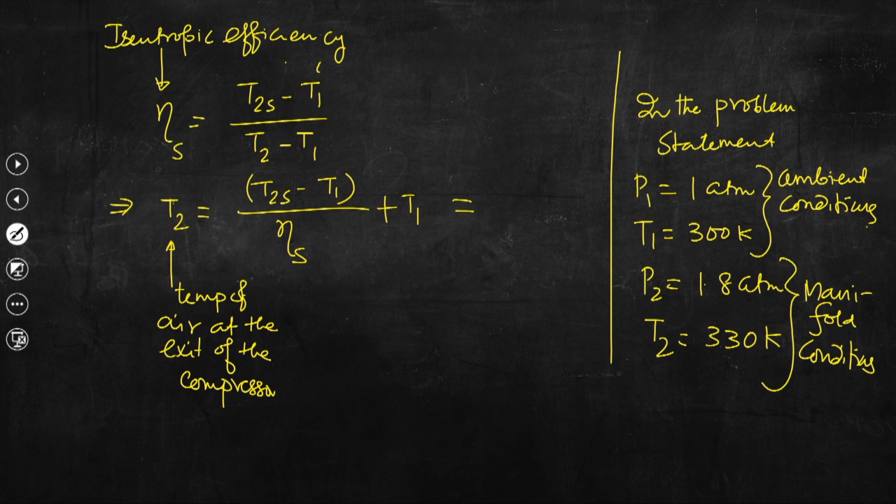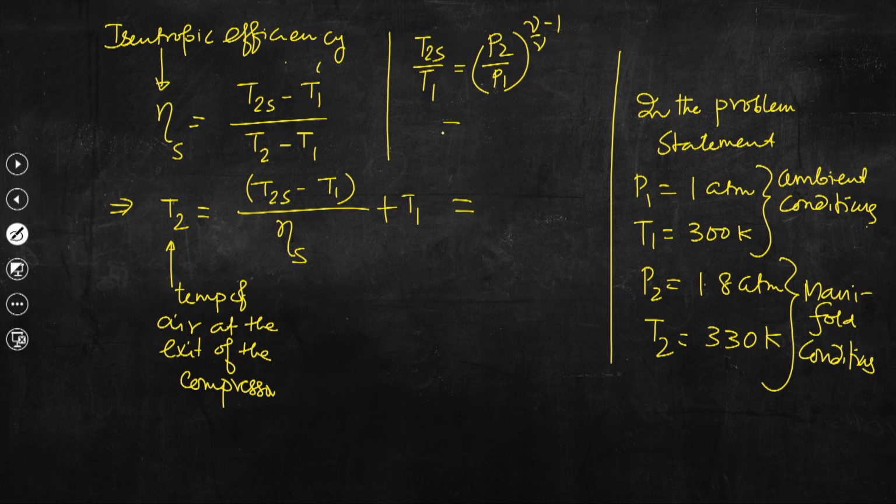Okay. So, if we plug in the value here, then we can have T2s by T1 equal to P2 by P1 power gamma minus 1 upon gamma.